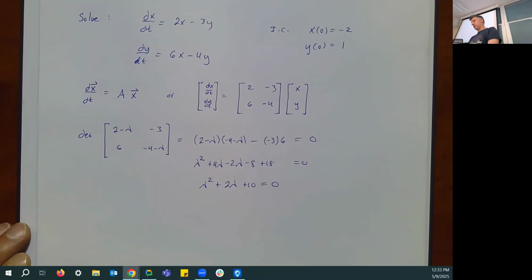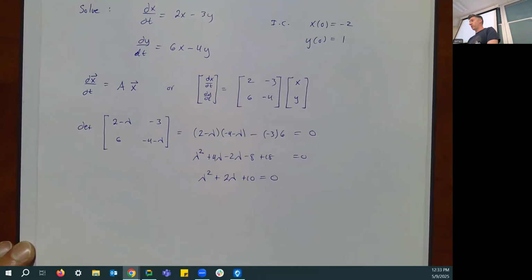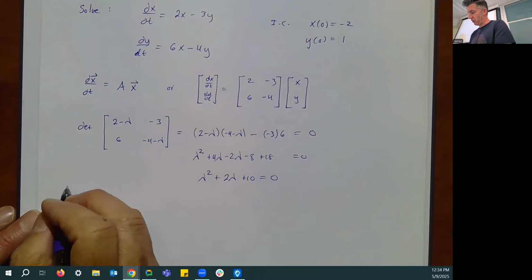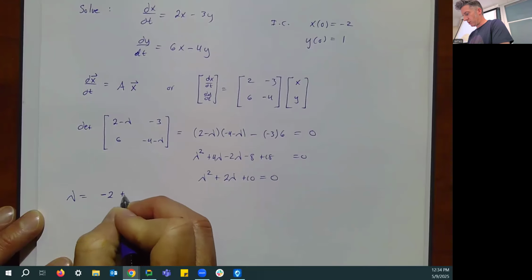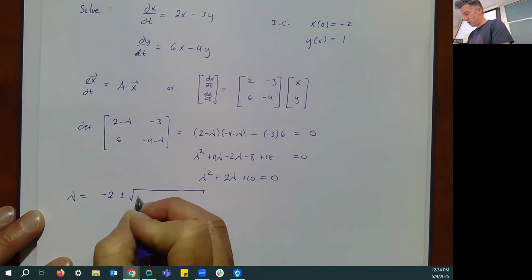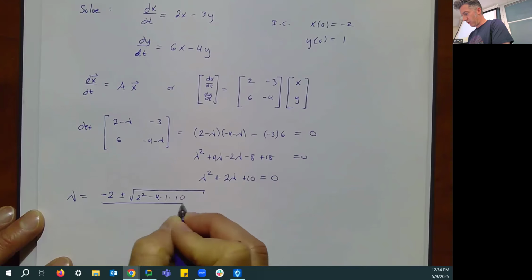It does not seem to factor very easily, so we jump straight to the quadratic formula, or whatever method you prefer to use to find your eigenvalues. Using the quadratic formula, lambda is equal to -2 plus or minus the square root of 2 squared minus 4 times 1 times 10, all divided by 2.